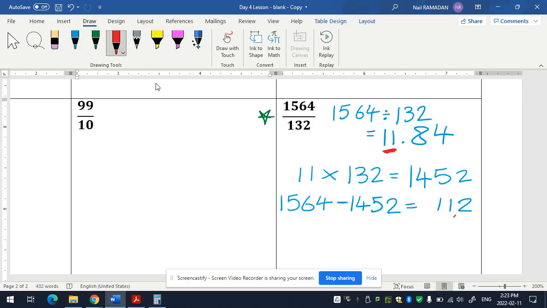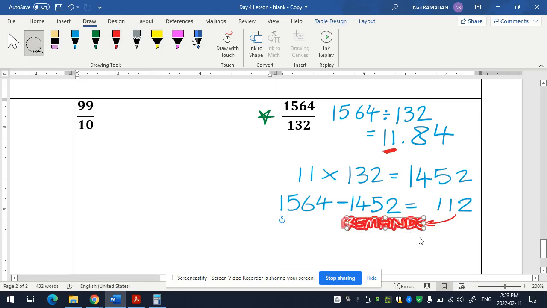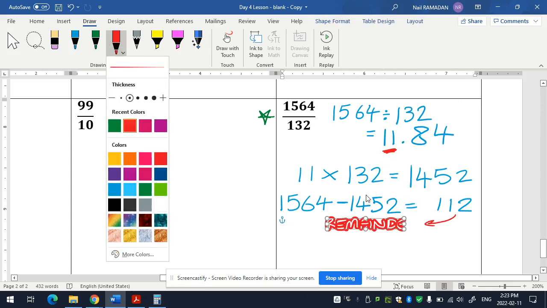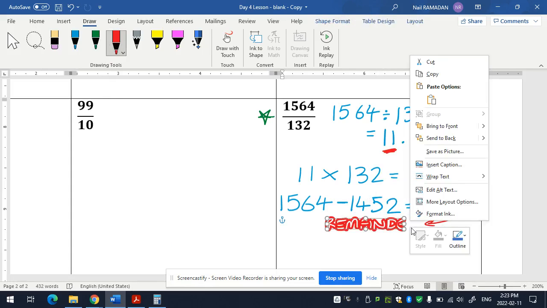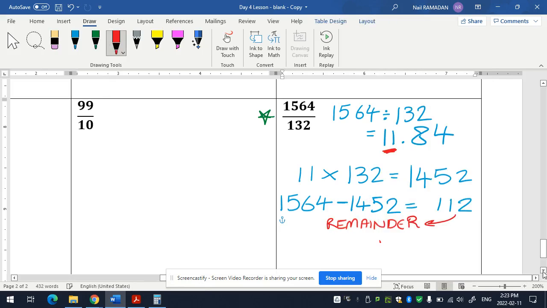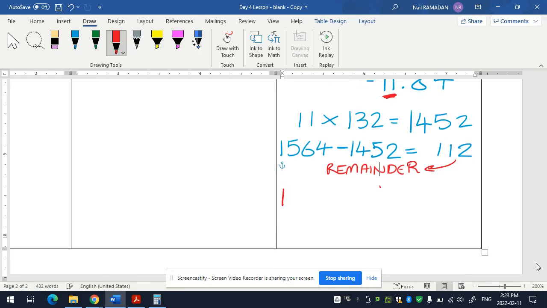I don't have enough space, so I'm just going to write it here. Remainder. So what's the answer? 1,564 over 132 people equals how much did each person get? $11.